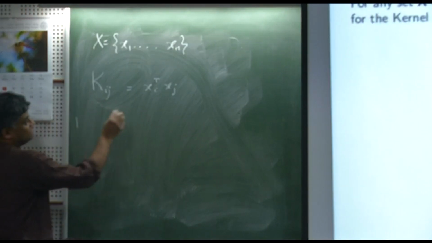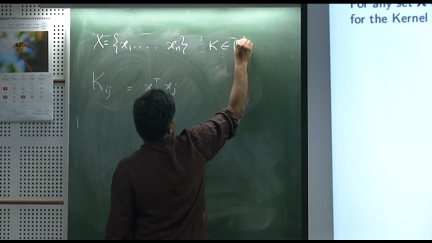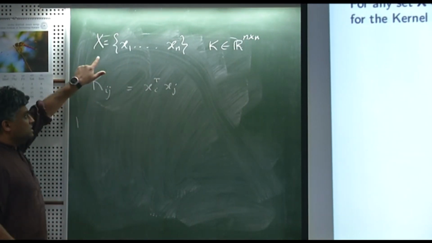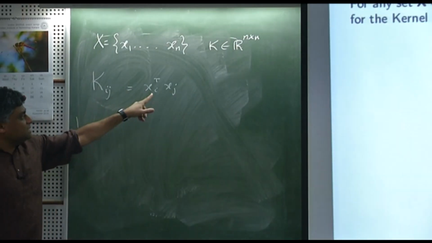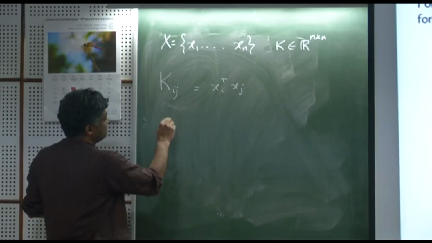So K is a matrix in R n times n, where n is the number of data points. The ijth element is xi transpose xj. What can you say about this matrix K?